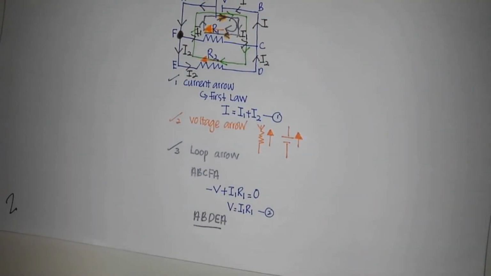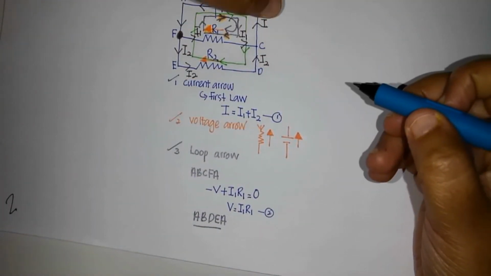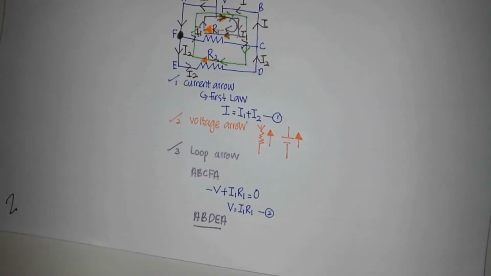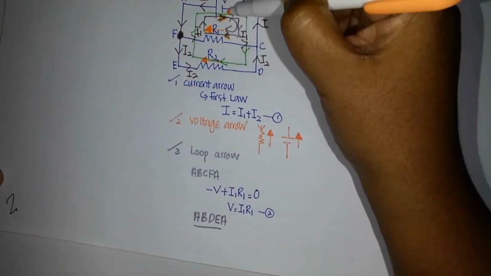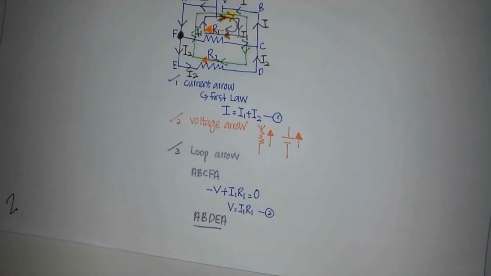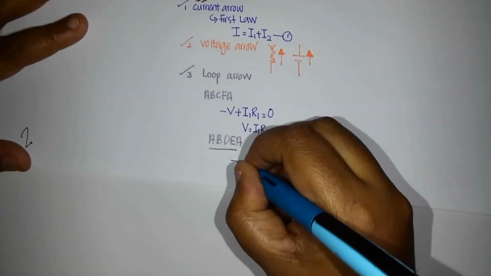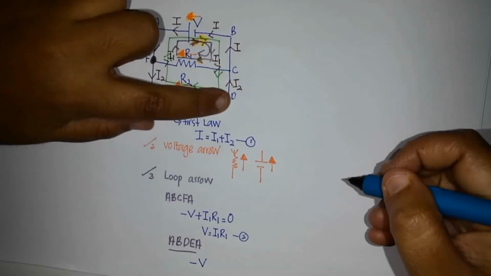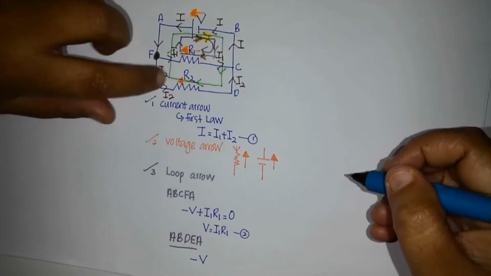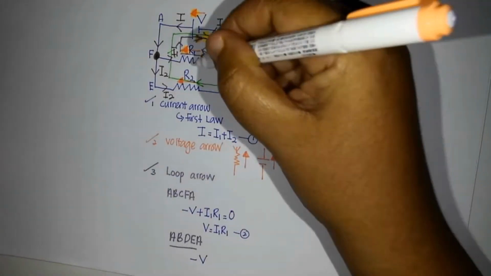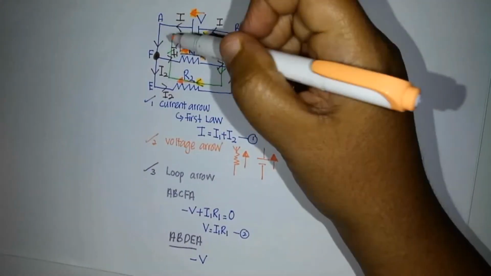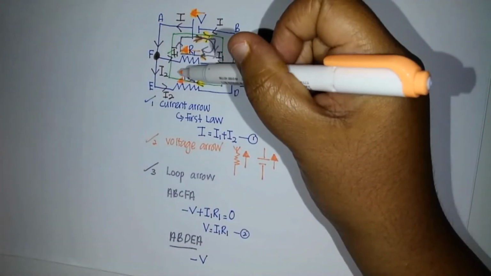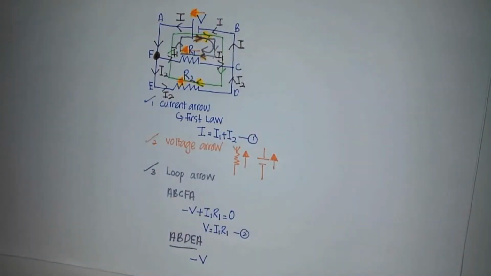Okay, alright. So here, A, B, I'm going here. So you realize here is opposite. So it will be negative V. Picture that. Go to B, comes to D, nothing there, and then pass here. So when I pass here, the direction of my loop arrow and also the direction of my voltage arrow is in the same direction.